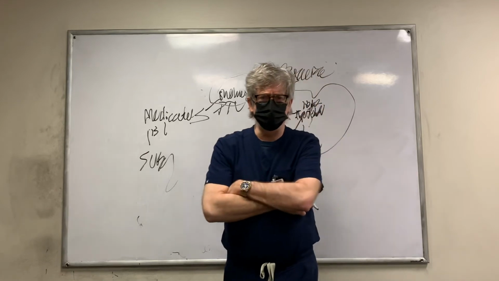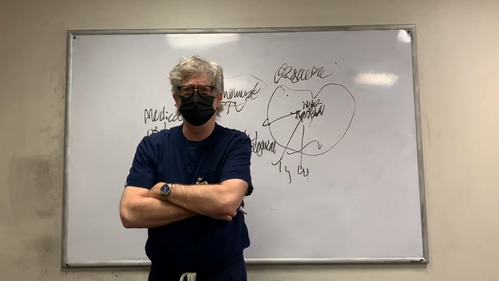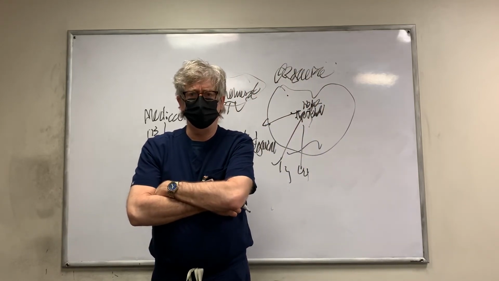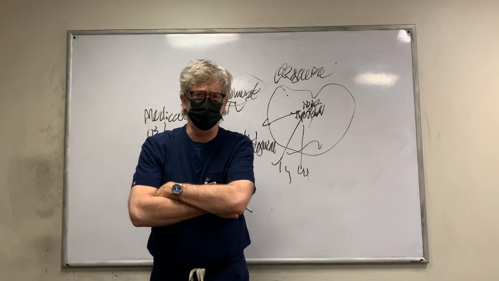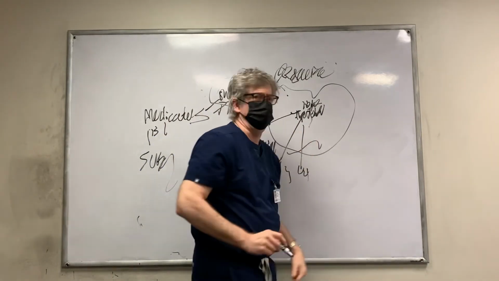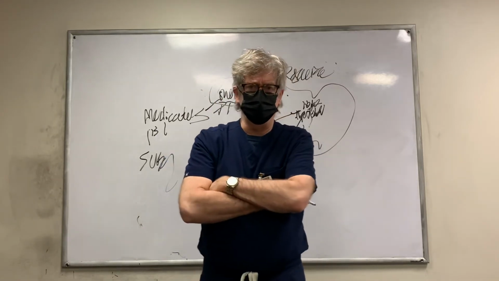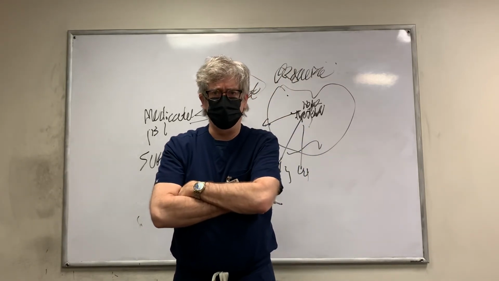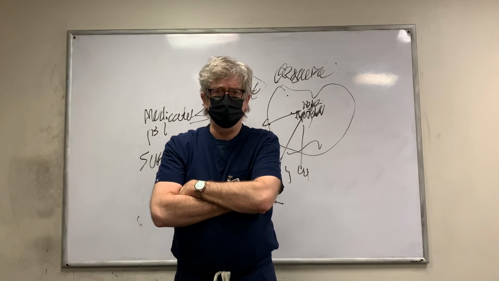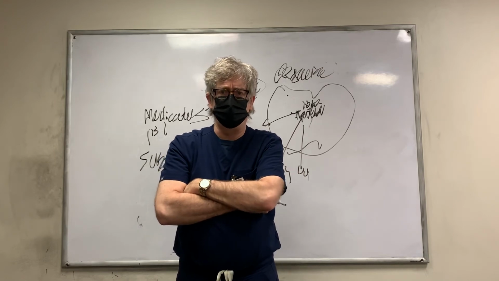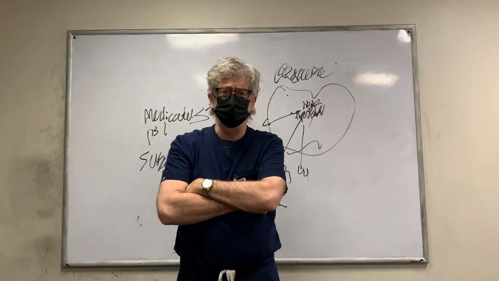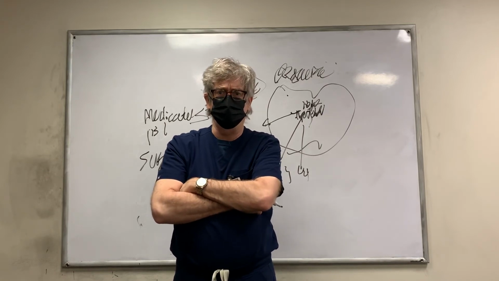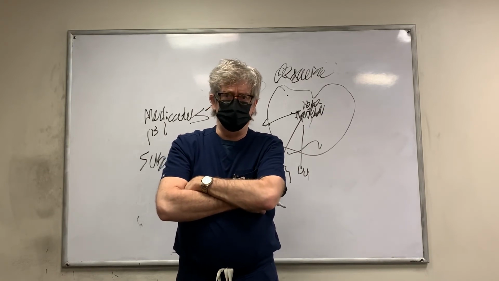PTU used to be used more. PTU is used in thyroid storm, and you can't give methimazole in the first trimester of pregnancy because there are problems with scalp formation in the fetus. But PTU has been associated with hepatitis, and the risk is high enough. Methimazole has fewer side effects.